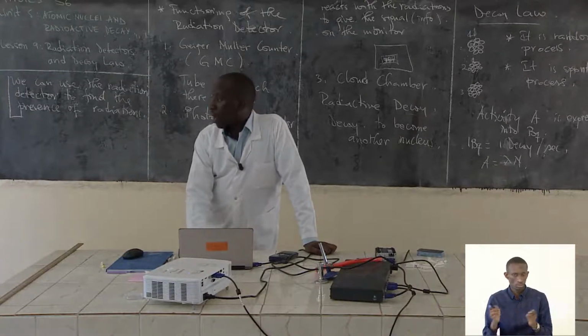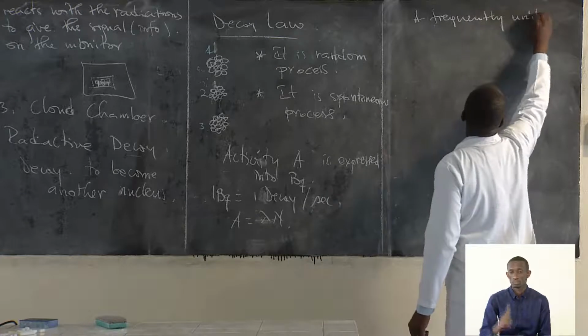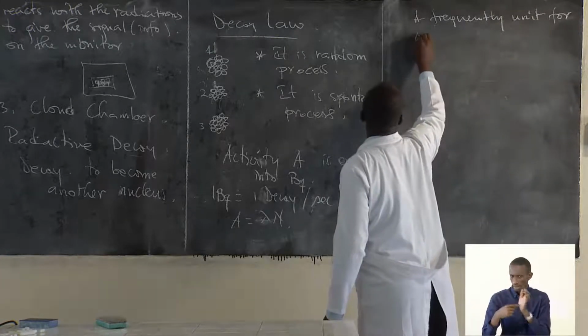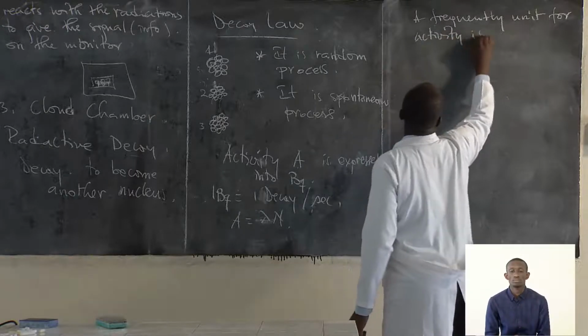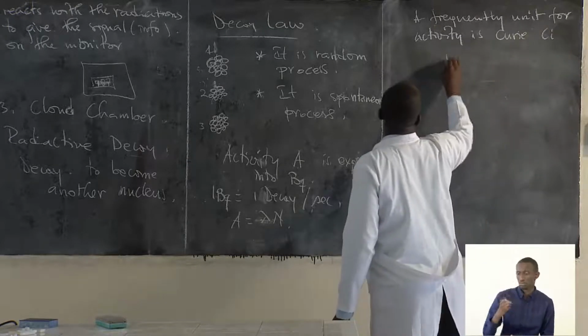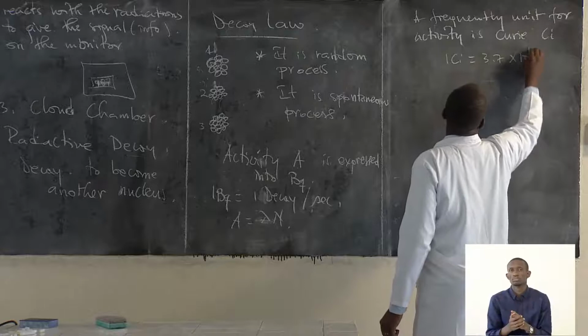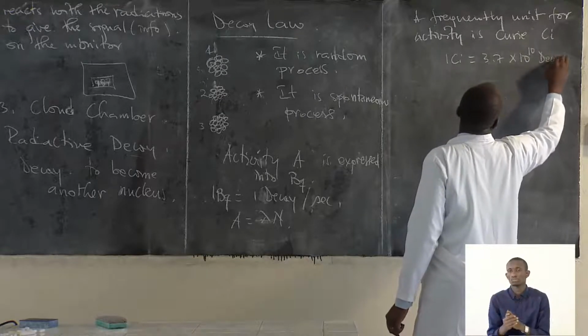To save time, a frequently used unit for activity is the curie, whereby 1 curie equals 3.7 times 10 power 10 decays per second.